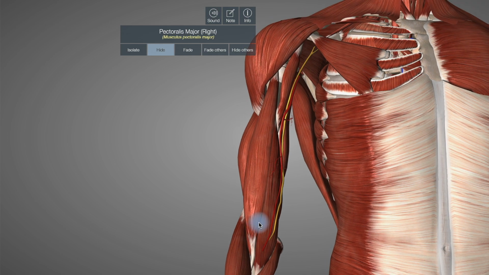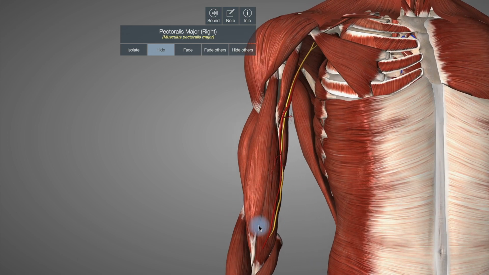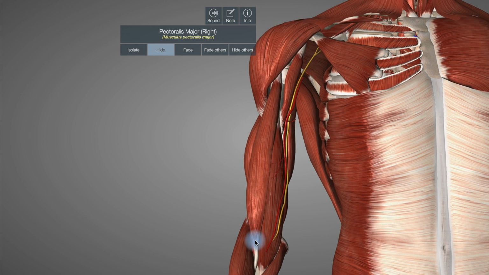So it is very, very important to memorize the order and arrangement of these three structures. It is always questioned in different exams. From lateral to medial side, we have the bicipital tendon, then the brachial artery, and then the median nerve.